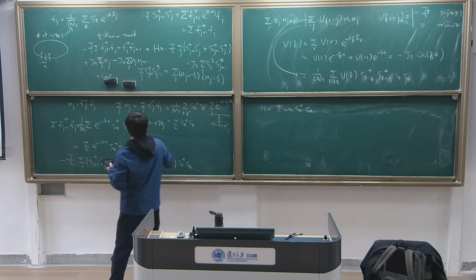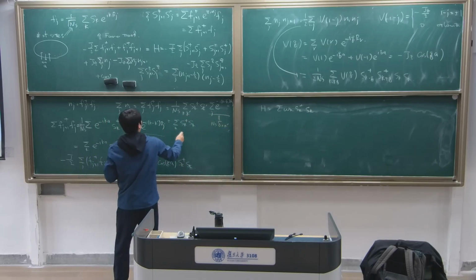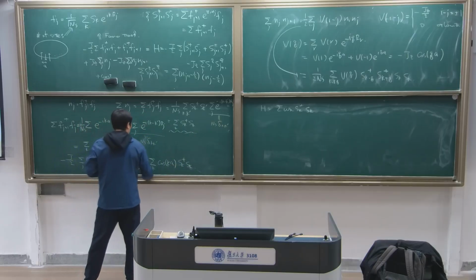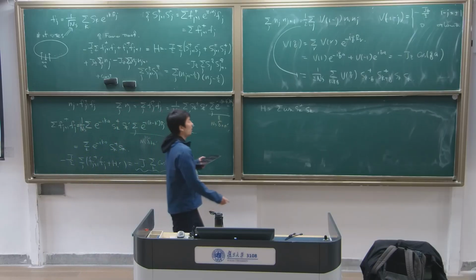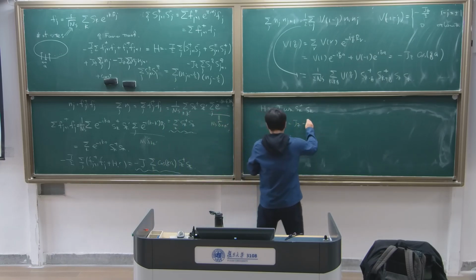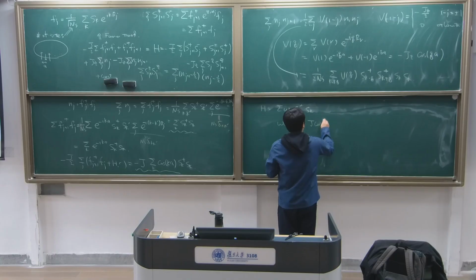So now omega k is equal to Jc minus J cos of k a.